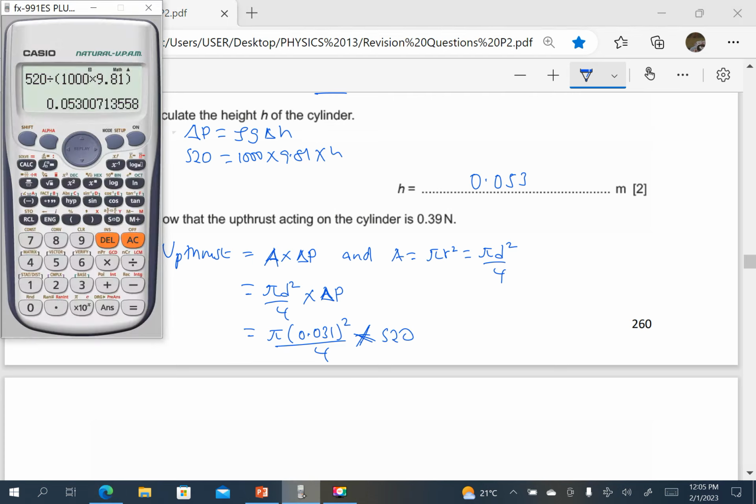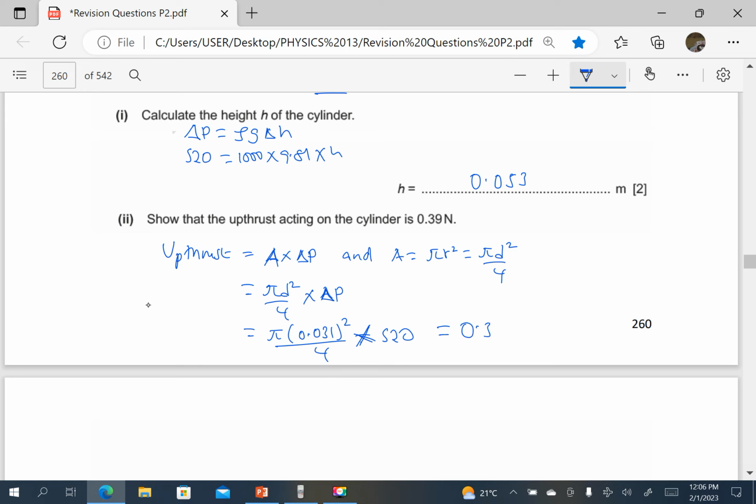You can just check and see: 520 times pi times 0.031 squared divided by 4. So this is giving us 0.39. So the upthrust is equal to 0.39 as required.